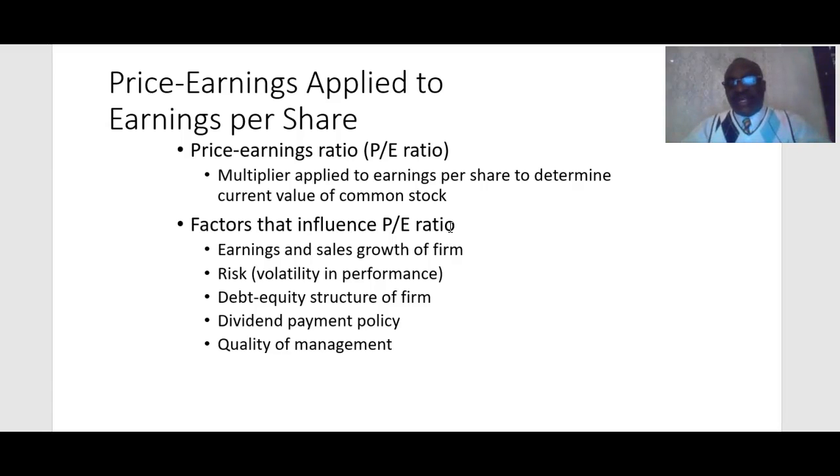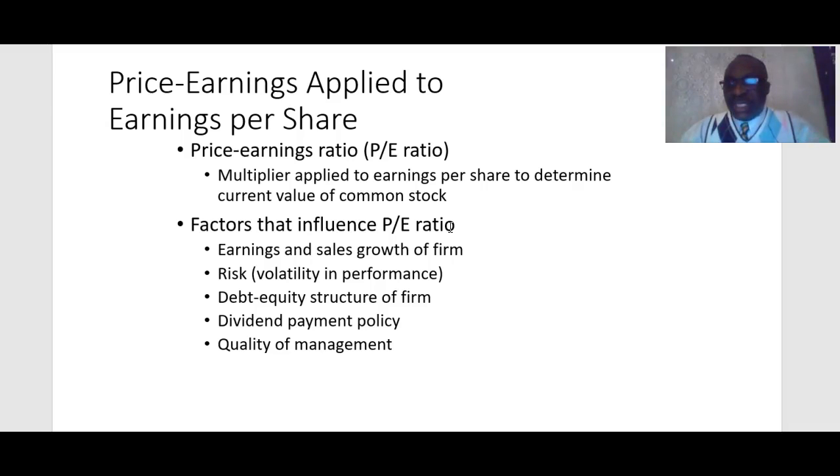The risk, which is volatility in performance, is the extent to which there may be fluctuations in performance of the company. Some years may be good years when the company makes money. Some years may not be as good when the company doesn't make money. So that volatility in performance is what is called risk.